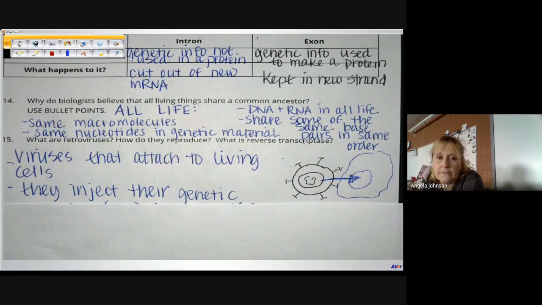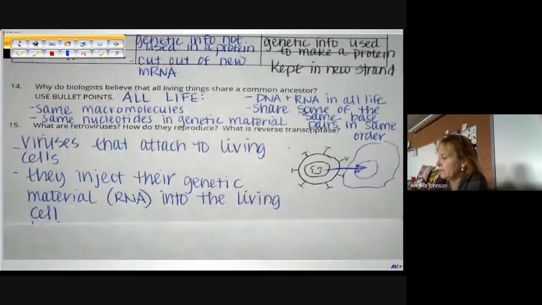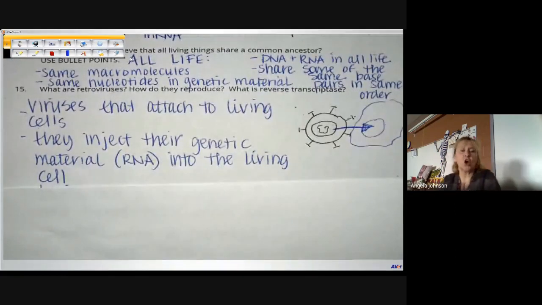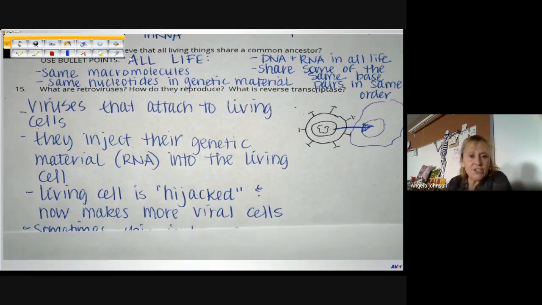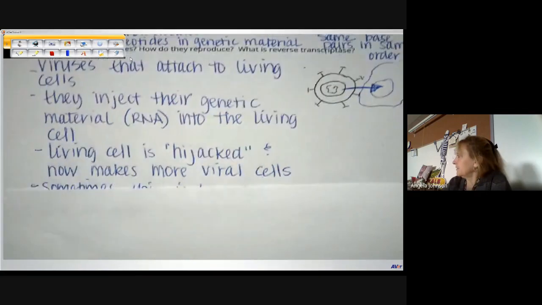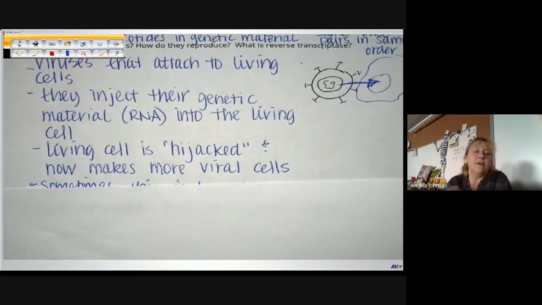The cell becomes like a zombie and does whatever that DNA tells it to do. That's what's going on in your body when you get any kind of virus. They inject their genetic material. And since they're called retroviruses, that tells us it's RNA. That living cell is now kind of hijacked, a zombie doing anything that viral RNA tells it to do.